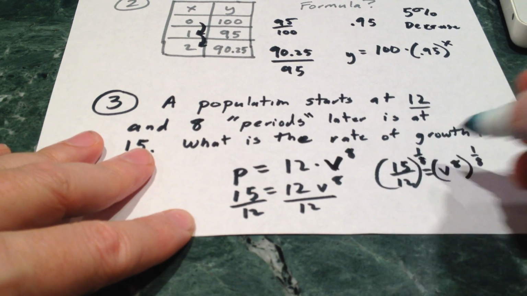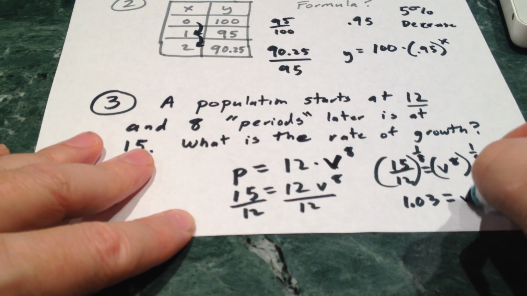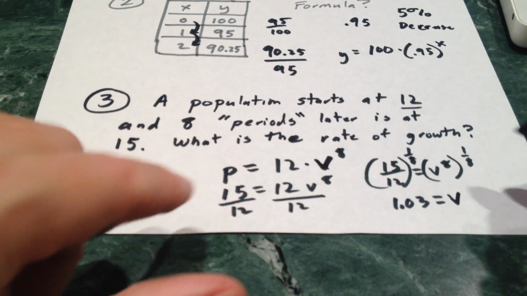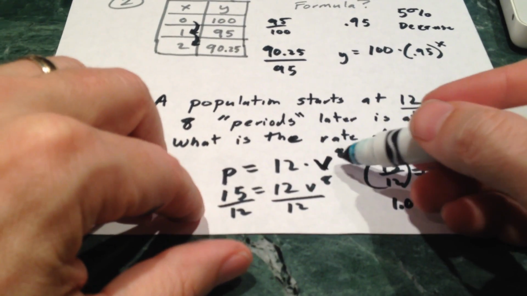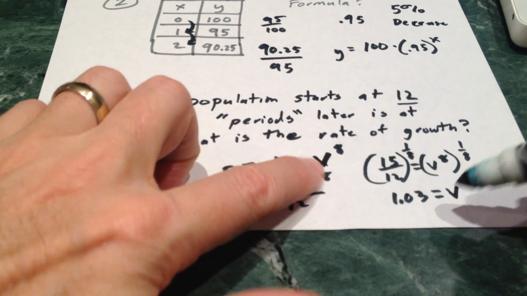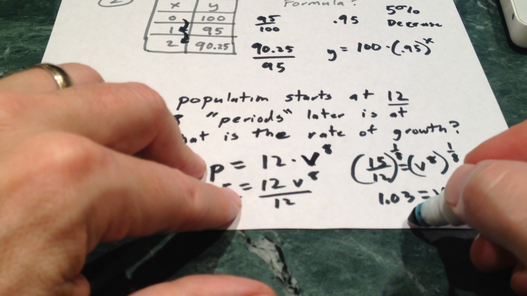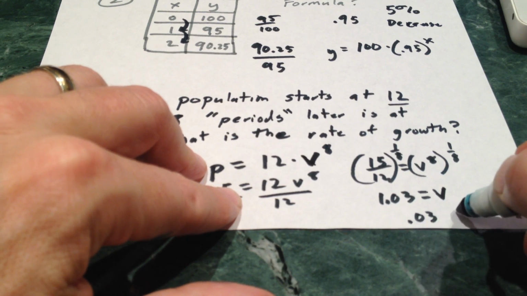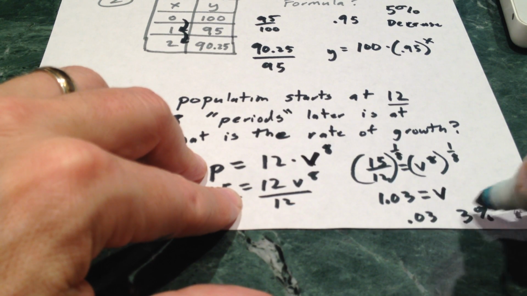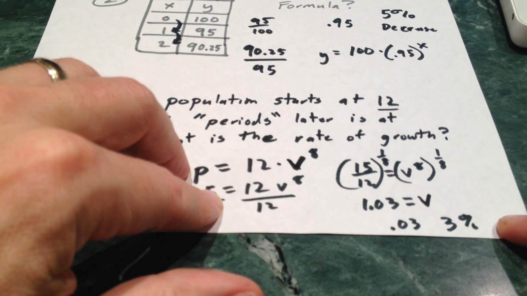And this essentially works out to 1.03. And the important thing to remember, because of the way I set this thing up, is that this v here is actually the multiplier. So maybe I should have called that m. So the actual rate here is 0.03 or 3%. Okay, so that's an important point to remember there.